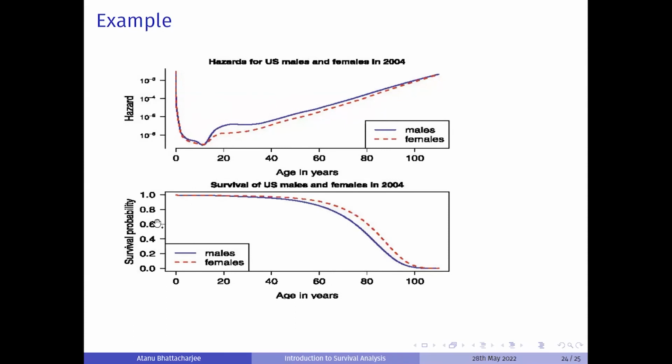This is the y-axis, survival probability. This is the y-axis, hazard probability. As time passes from 0 to 100, all of them are going to die, so their survival probability is going to drop, whereas their accumulated hazard is going to increase. So the cumulative hazard is going to approach 1, and the survival probability is going to approach 0 over time.